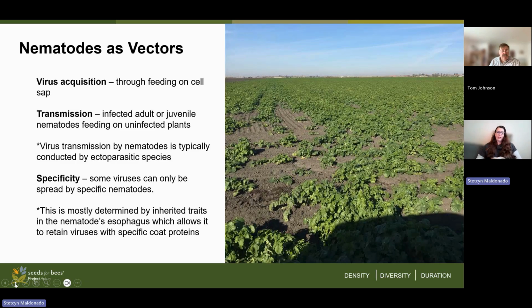But the esophagus will attach to the virus coat, which is the outside of the virus. If you think about that classic virus picture where it's got all those little bumps and things that are sticking out, depending on the shape of those protrusions, it can stick and adhere to the nematode's esophagus, and that way it can ensure that it's carried along with the nematode to its next host or next victim.